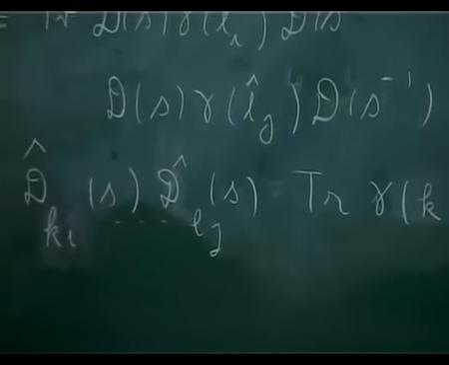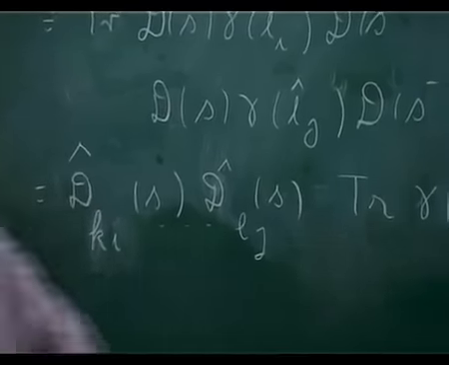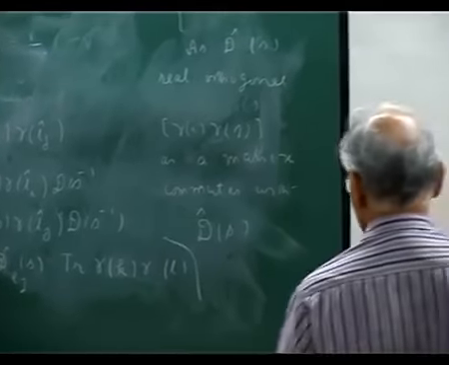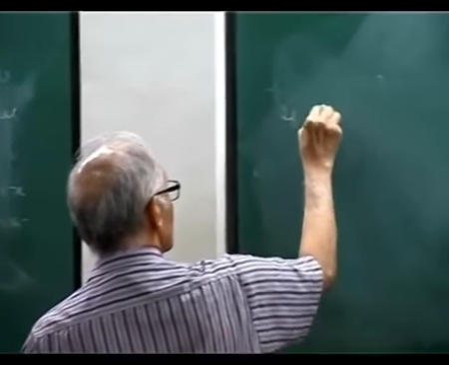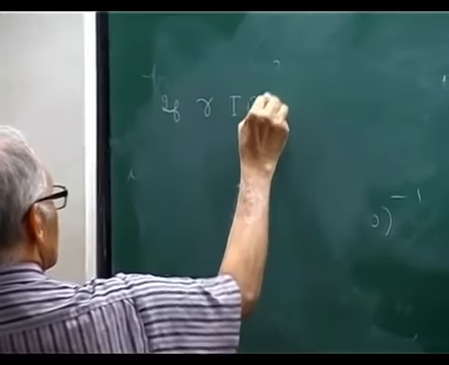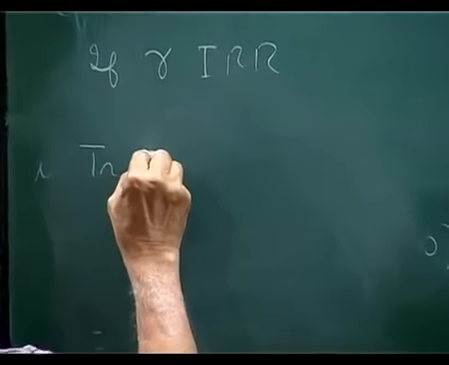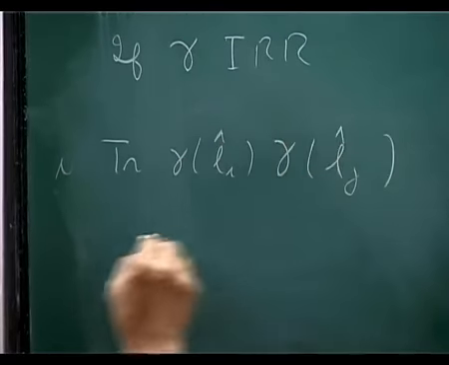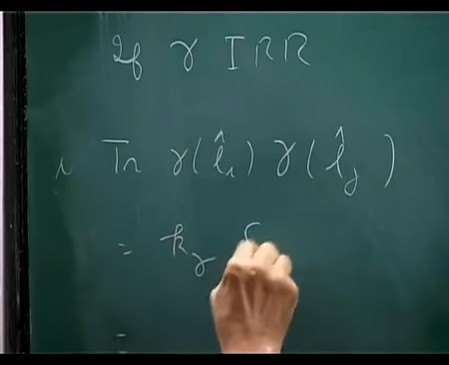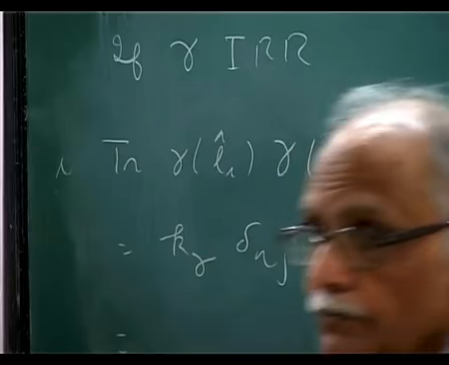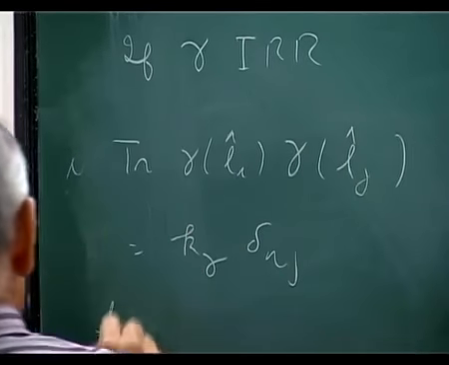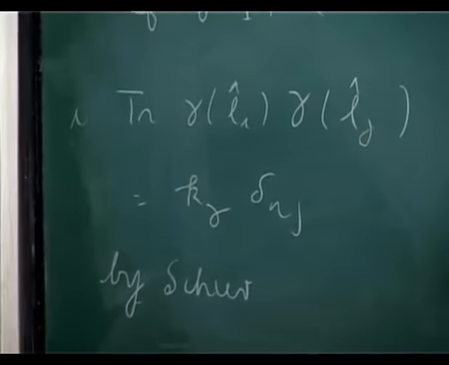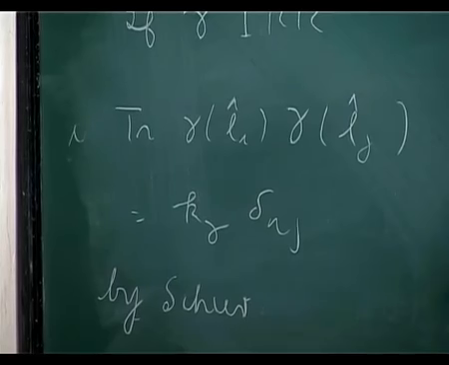What does it mean? If gamma is irreducible, it says trace of gamma of L hat i gamma of L hat j is k of gamma delta ij, by Schur.